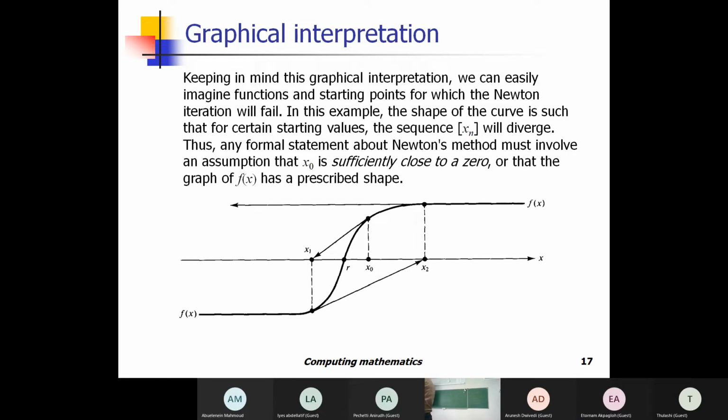The bisection method converges to the real root from any starting interval. We can take a very long interval, then take half, another half, and we converge to the real solution. Newton method is a good, very fast method, but if we take an initial guess far from the solution, the method can diverge.